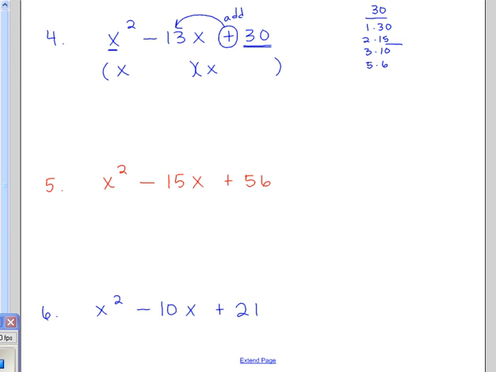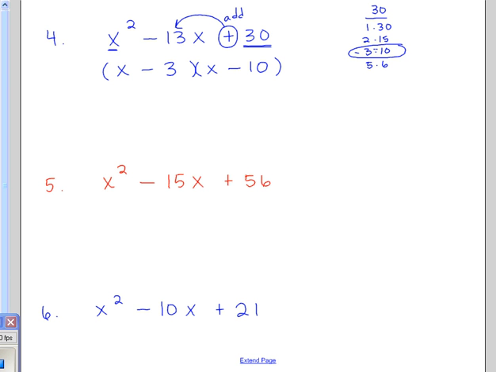It would be 3 and 10, but what would their signs have to be? If it needs to add up to be negative 13, then both of these numbers will need to be negative. So in my answer, I would have x minus 3 and x minus 10.